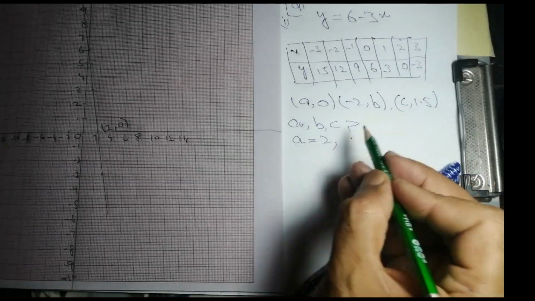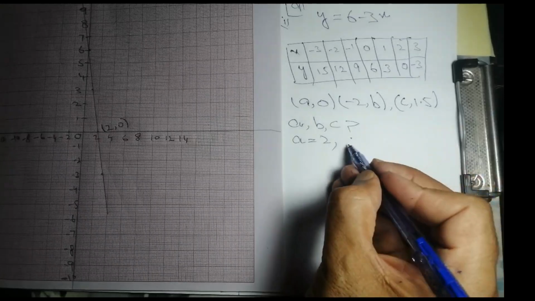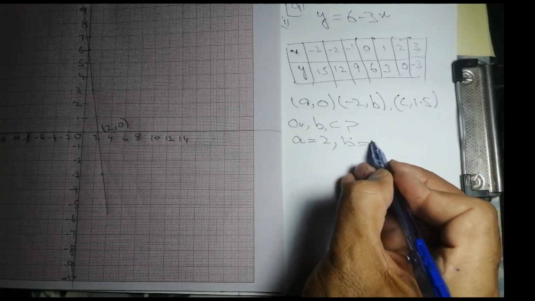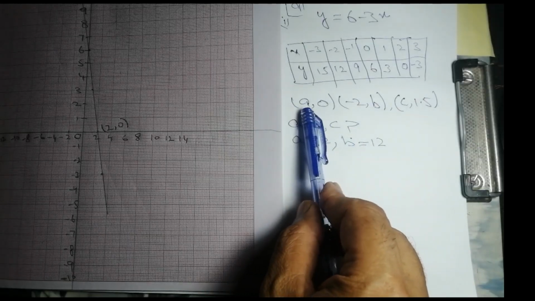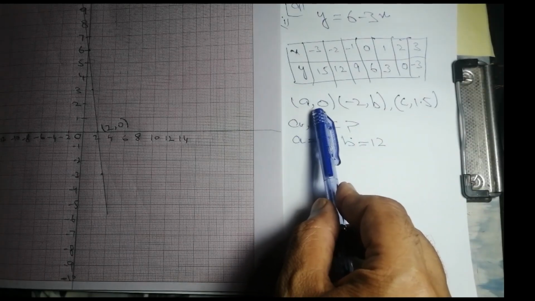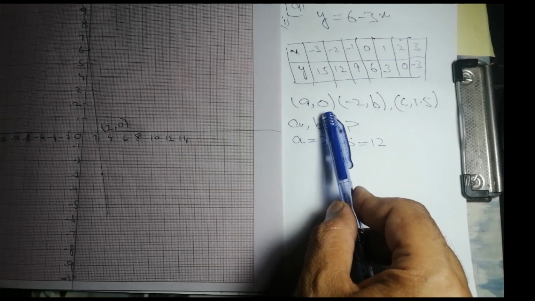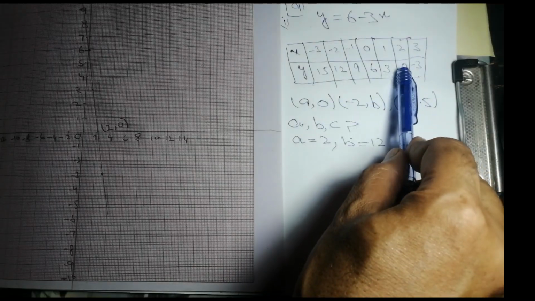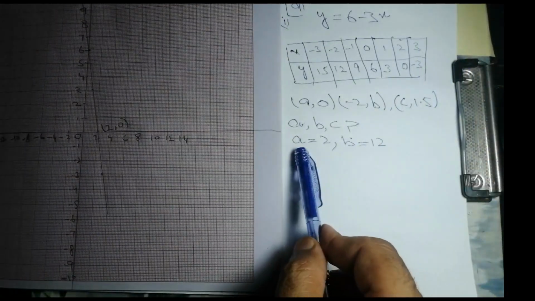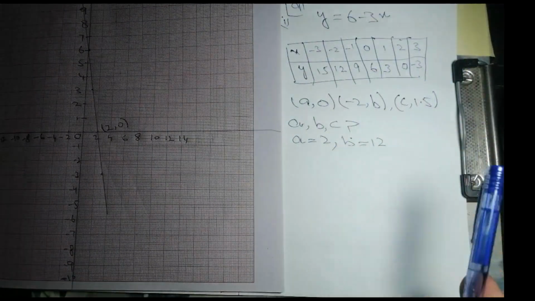So it means the value of b is 12. Even from the first, if we see (a, 0), so y = 0, you see here y is 0, for that x is 2.